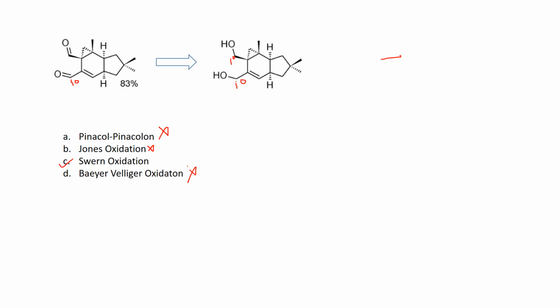So we will just choose the oxidation process where it can be oxidized just to aldehyde. That can be performed with various oxidizing reagents, but between these four options only Swern oxidation can perform this one. So which one will be our correct option? Swern oxidation, option C.